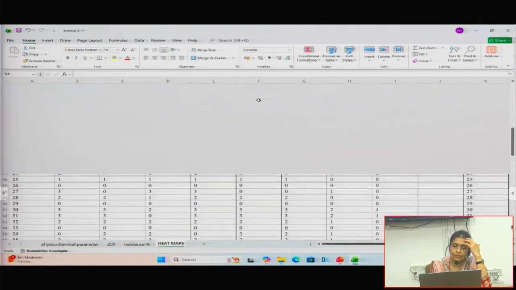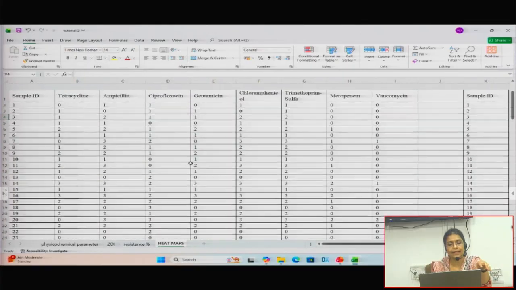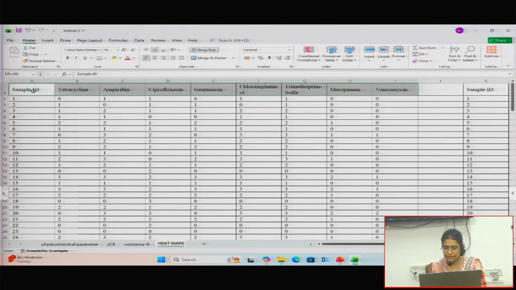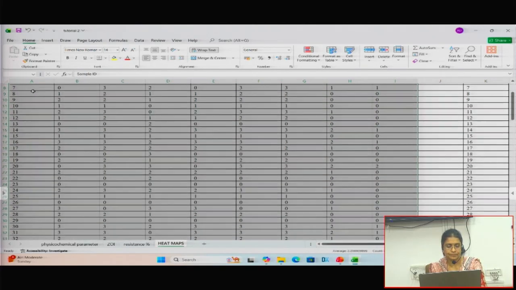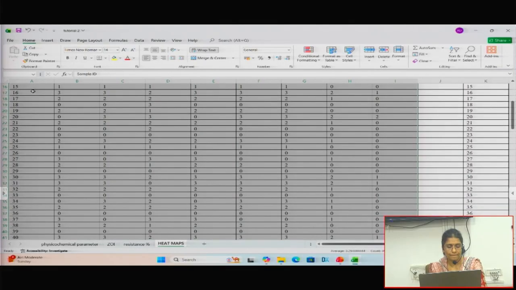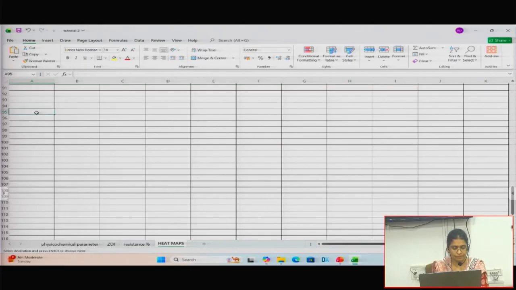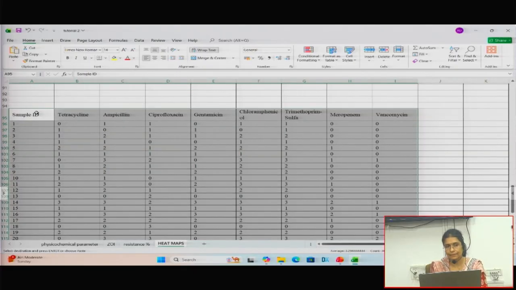Alright. So what you do is go ahead and select the entire data which is there on the top. Just look how it is being done. I'm going to select all the 40 sample data. Go ahead and paste it.